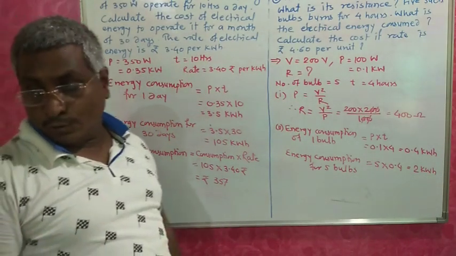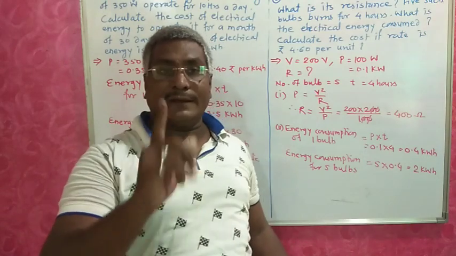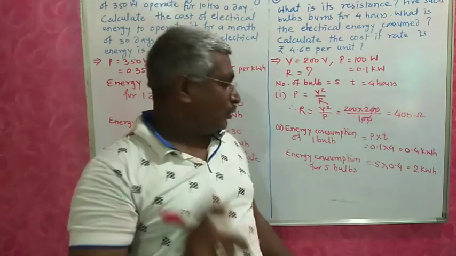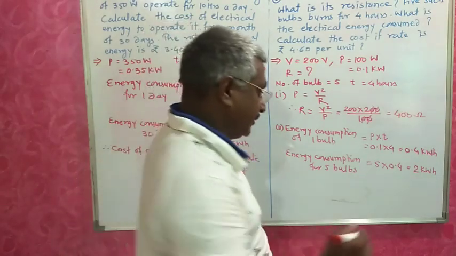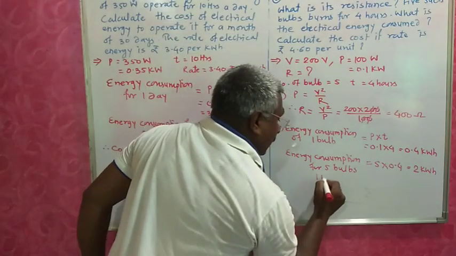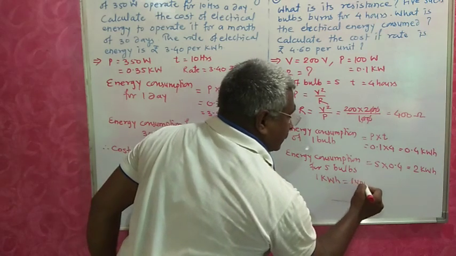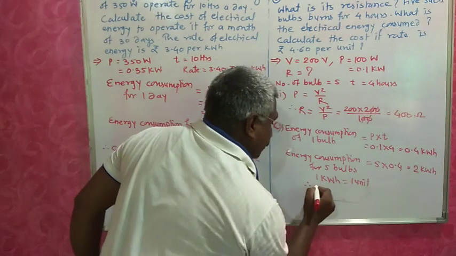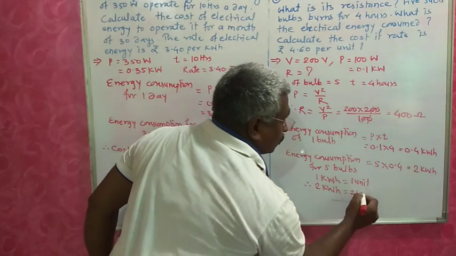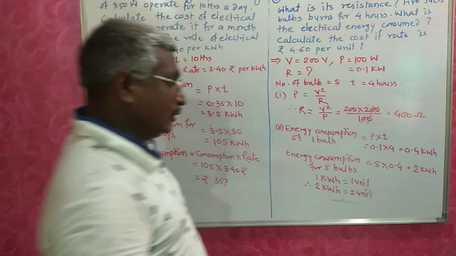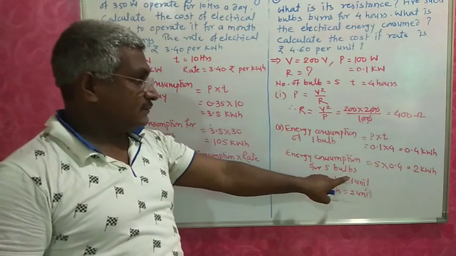What is 2 kilowatt hour? 1 kilowatt hour means 1 unit. So 2 kilowatt hour means how many units? 2 units. 1 kilowatt hour equals 1 unit. So therefore 2 kilowatt hour equals 2 units. So this is the energy consumption for 5 bulbs.